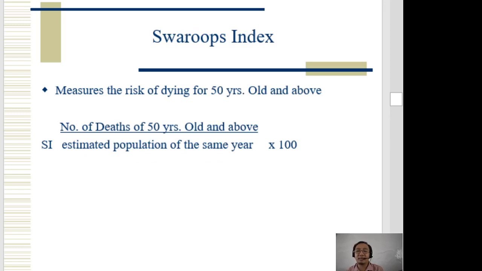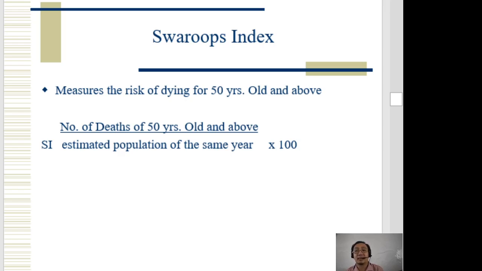Okay, Swaroop's Index. Swaroop's Index is a measure of the risk of dying for 50 years old and above, usually expressed in percentage, and it's a very good index of health also.